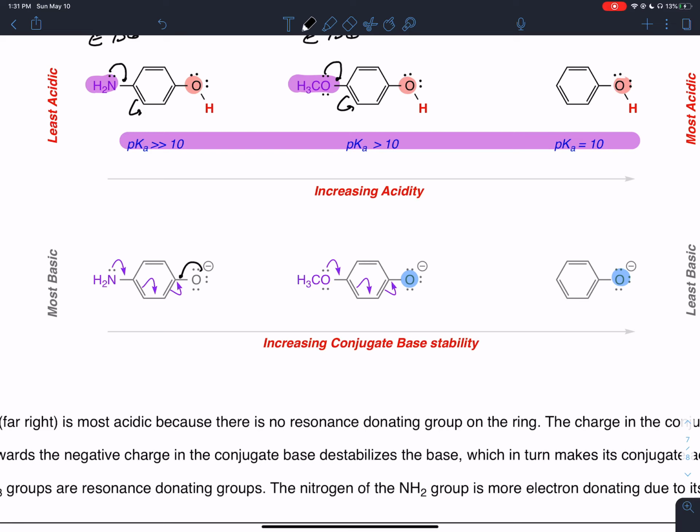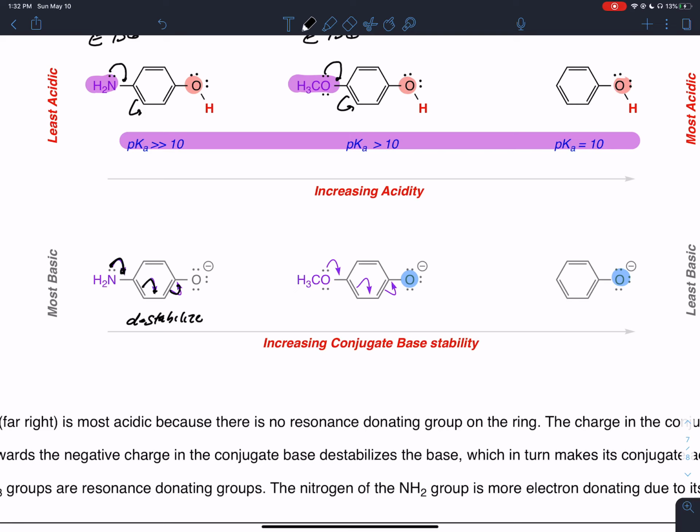So we want to stabilize this negative by resonating it away from where the negative is originating. However, this NH2 group is resonance donating towards our negative charge. So we have an electronic force pushing electrons this way, and that is going to destabilize our base.